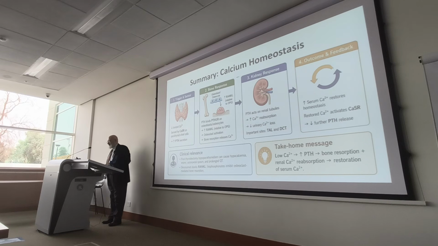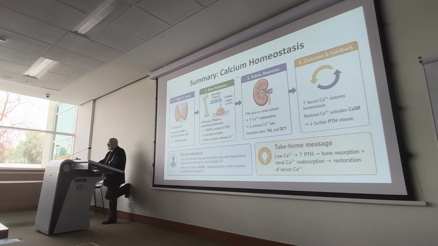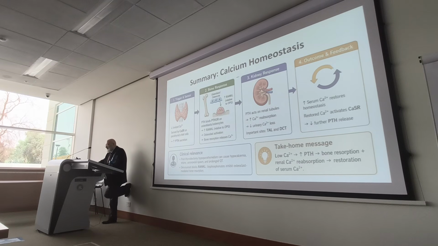What triggers all this is the changes in the ionized calcium. Low ionized calcium will be sensed by the calcium sensing receptor on the parathyroid gland, the chief cells. They will trigger two responses, one on the bone, one on the kidney. In the bone, it will stimulate osteoclasts to release the calcium from the stored bone through the RANK ligand OPG.